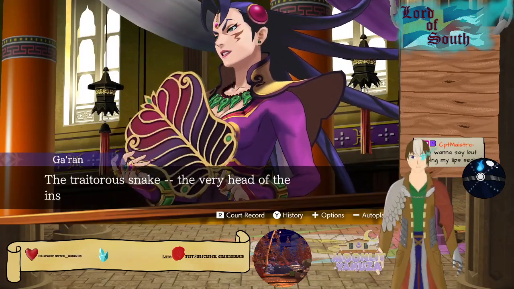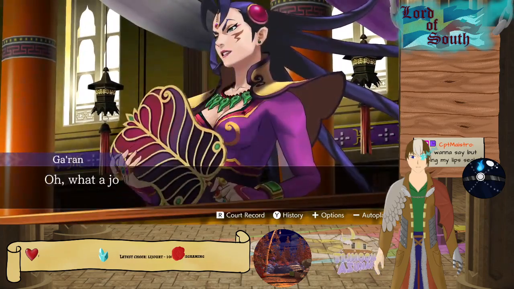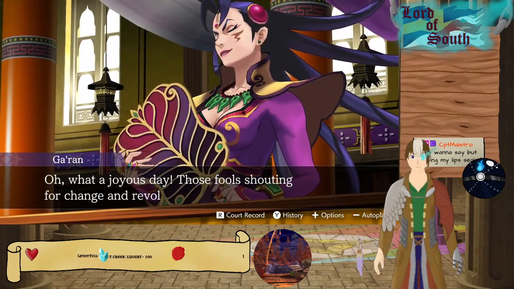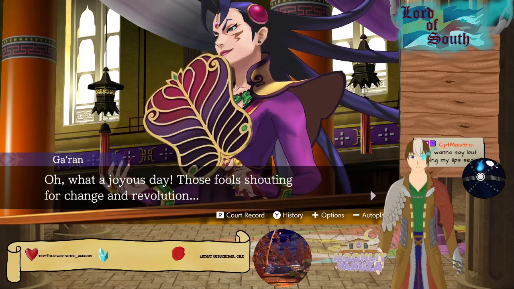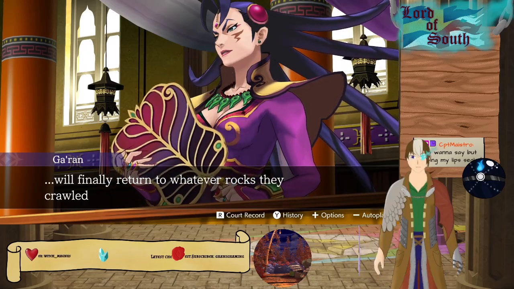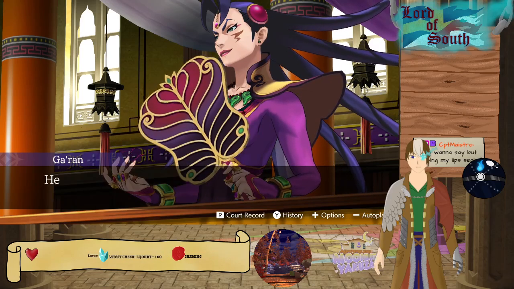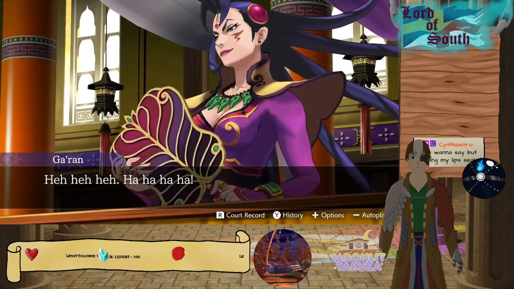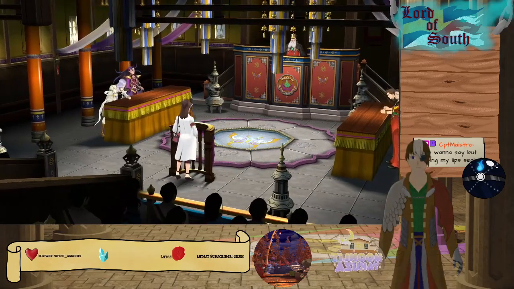The traitors. The very head of the insurgency murdered. What a joyful, joyous day. Those fools shouting for charge and revolution. We finally returned to whatever rocks they've crawled out from under. You're the only one laughing, you do know that.